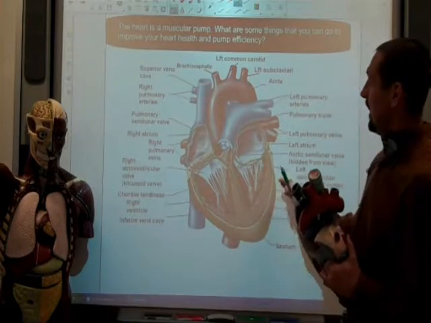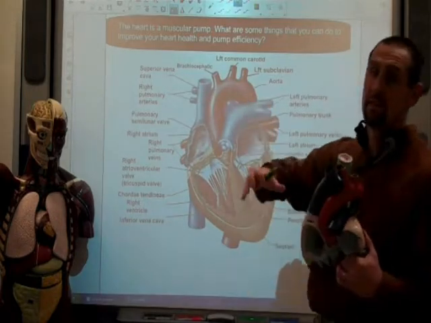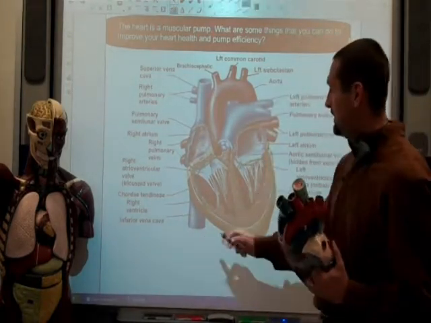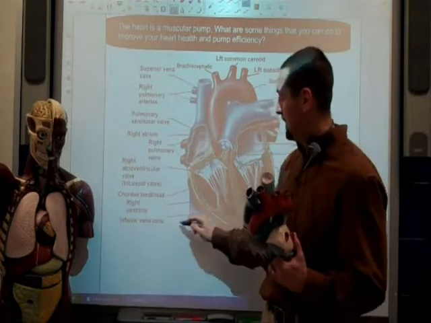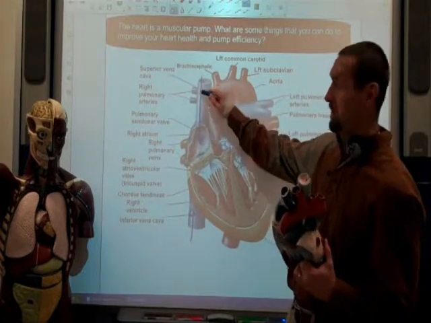So then I have lots of different veins and arteries that the blood is moving through. So when blood enters the heart, it's going to come in through the vena cava, so the inferior means below, inferior vena cava, or from above, the superior vena cava.